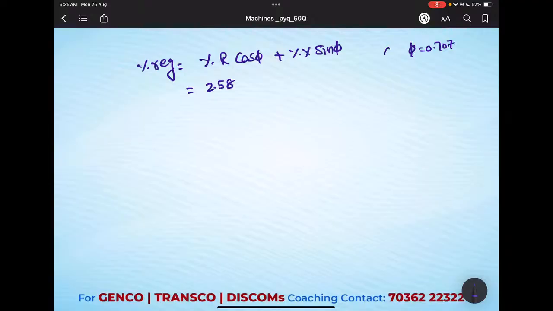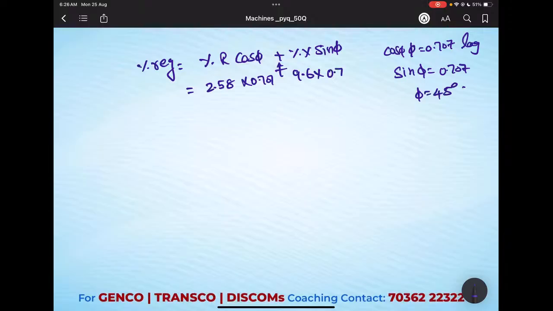This is the power factor, lagging power factor, that's why we take it positive here. Cos phi is 0.707, and sin phi is also 0.707, because phi is 45 degrees. So 9.6 into 0.707.